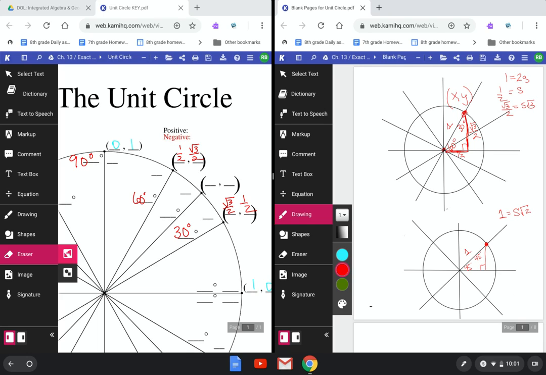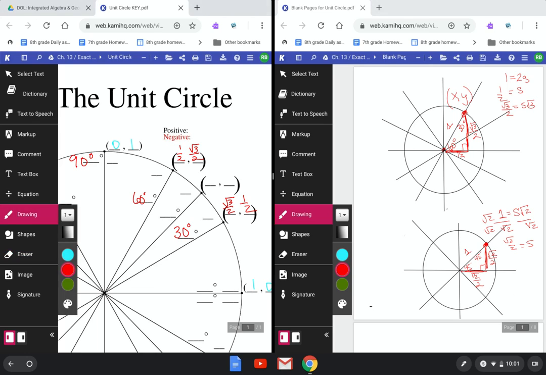So to get s alone, we divide by root 2, divide by root 2. Can't leave that in the denominator. So we end up with s equaling root 2 over 2, which you've seen. We did this on the notes from a couple days ago. Okay, so the point would be root 2 over 2, comma, root 2 over 2.